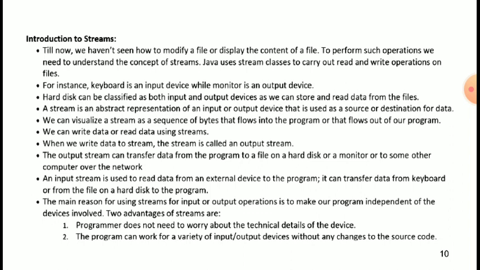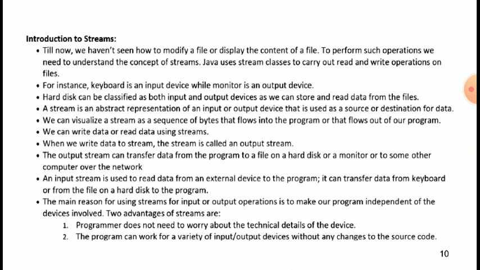A stream is an abstract representation of an input or output device that is used as a source or destination for data. We can visualize a stream as a sequence of bytes that flows into the program or that flows out of our program. We can write data or read data using streams.